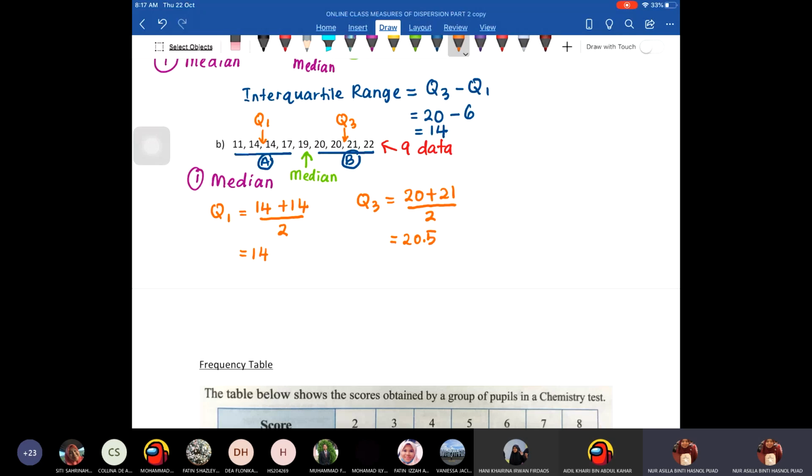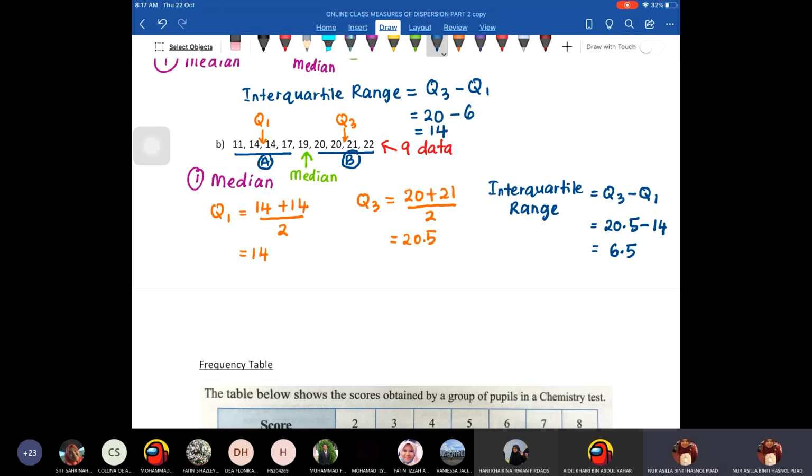Okay, so my interquartile range, third quartile minus first quartile, we get 20.5 minus 14, which is 6.5.